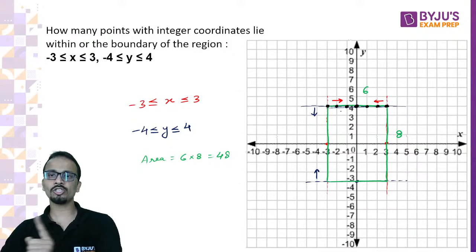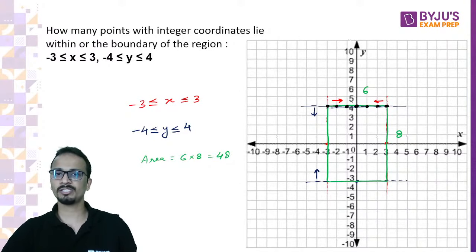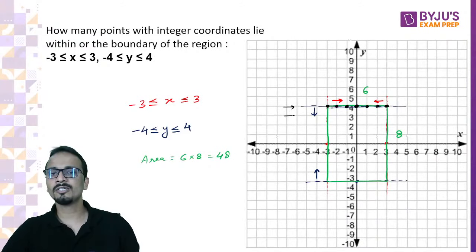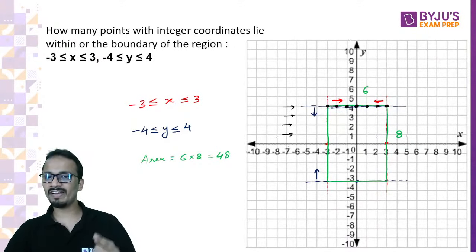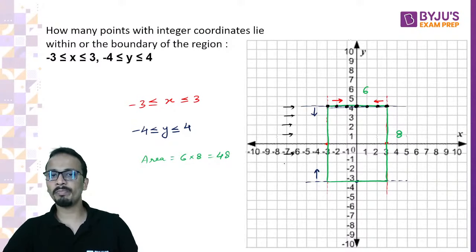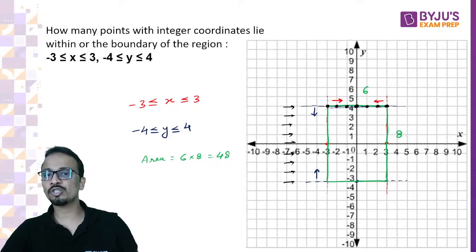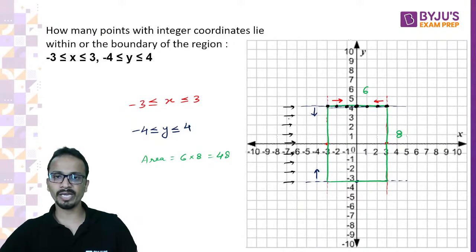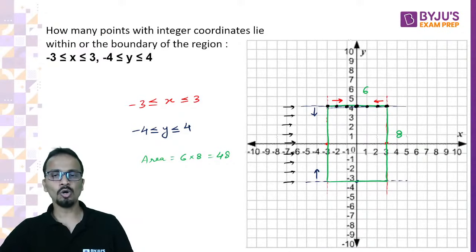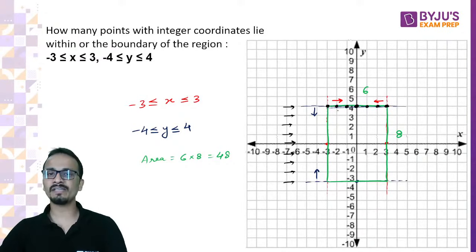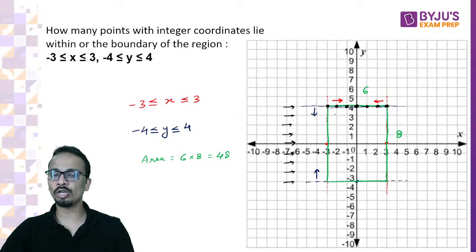So on one horizontal line, I have 7 points. Likewise, how many horizontal lines do I have? 1, 2, 3, 4, 4 above the x-axis, 4 below the x-axis, and one of the lines is the x-axis. So a total of 9 lines like this.